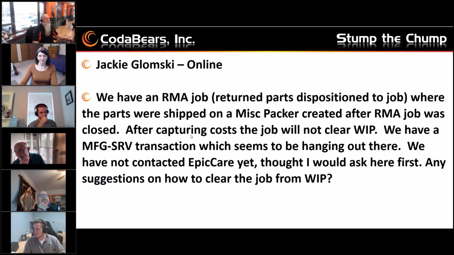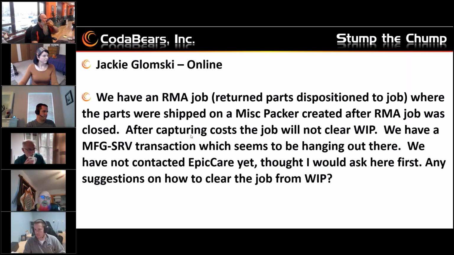Yeah, it should not be going in as a service job, though. Even if you have material getting dispositioned when it comes into the inspection queue, it's going to be dispositioned off to a rework job. The rework job shouldn't turn around and have a miscellaneous packer just to close the job.